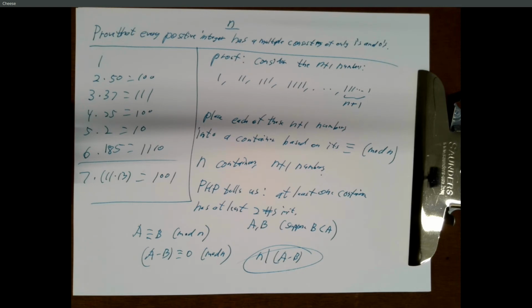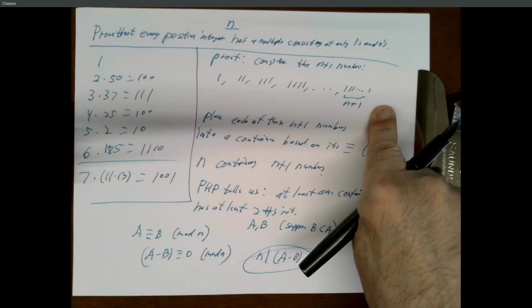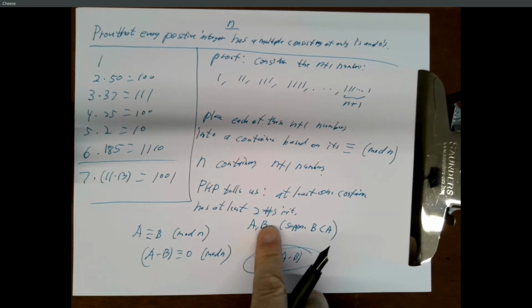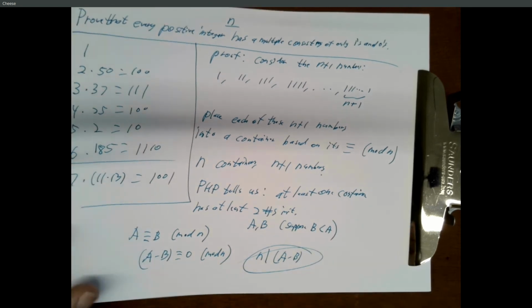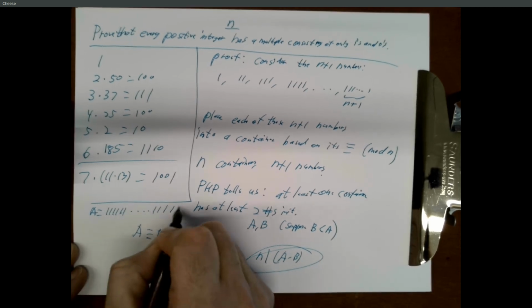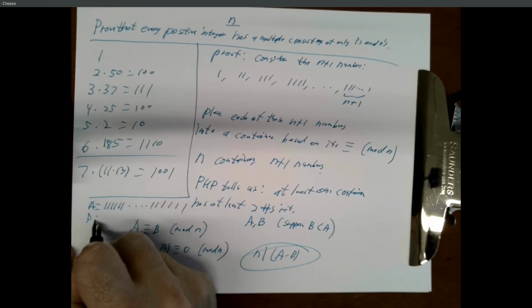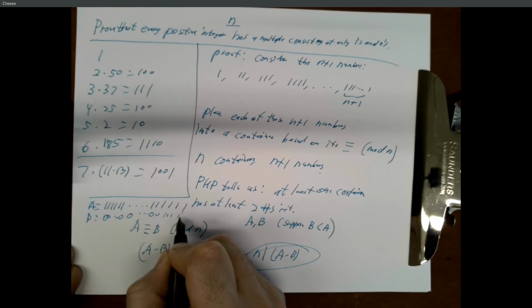All right, so what have we done? We've generated n plus 1 numbers containing just strings of 1s, and we've just shown that there are 2 of these numbers, at least a and b, whose difference is a multiple of n. Well, if a is bigger than b, a looks like that, b is going to look like a bunch of zeros with some 1s.